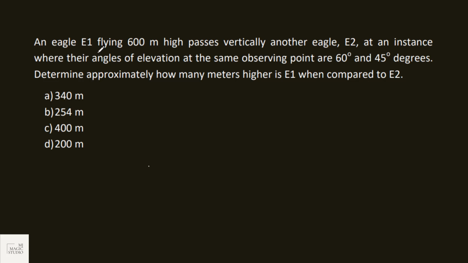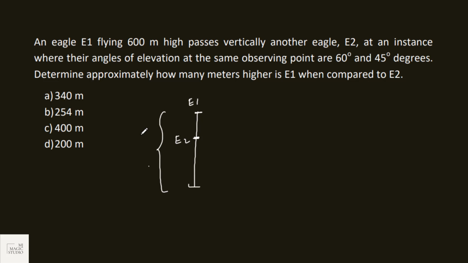An eagle E1 flying 600 meters high passes vertically another eagle E2. So at this point is E1 and it passes another eagle E2.